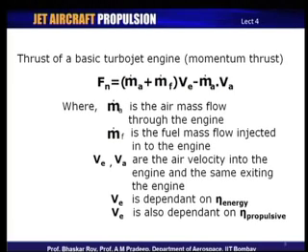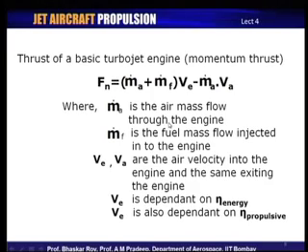And of course, the V e is also dependent on the propulsive efficiency of the engine. So, these two efficiencies we have defined in the last class, and these two efficiencies essentially decide independently and together what the velocity of the exit flow is going to be. And then we get the gross thrust and of course, the net thrust.